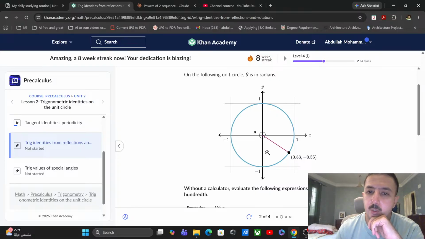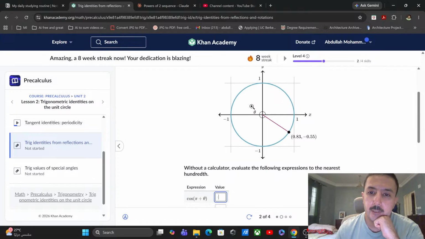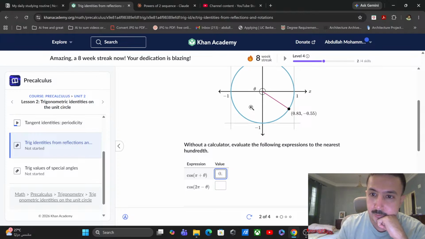The opposite is always x. So it is here minus 0.83 over 0.5.